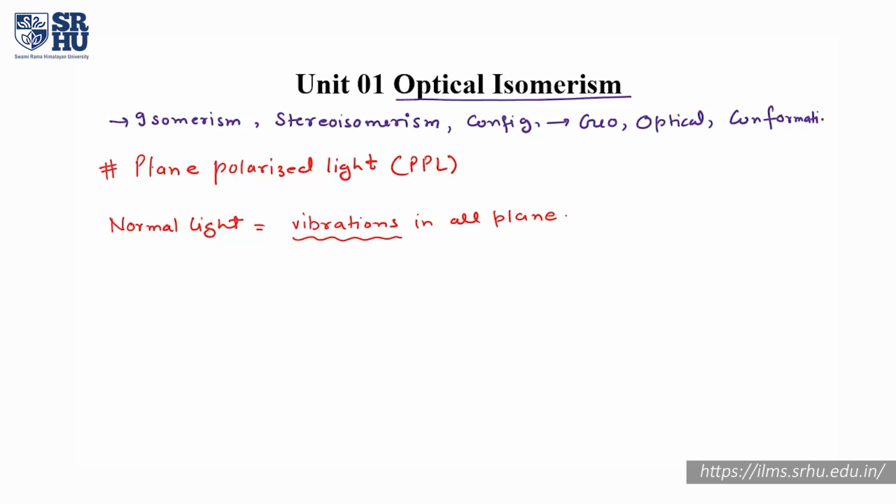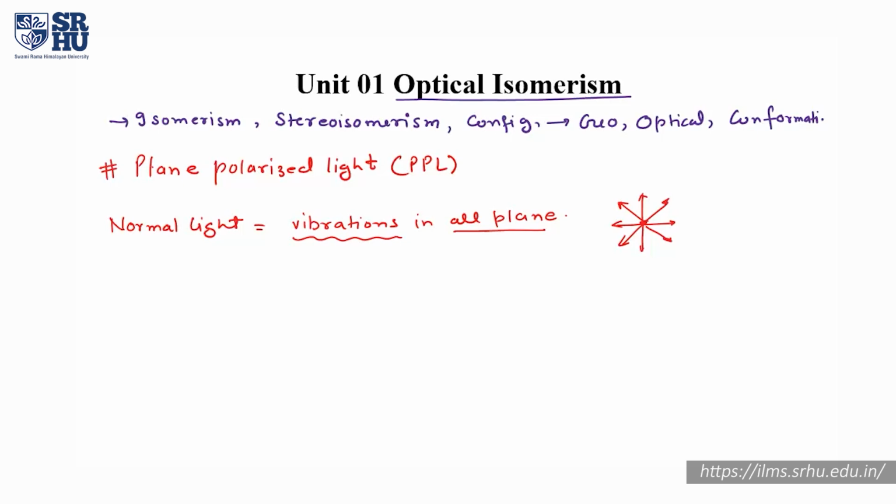These vibrations travel in all planes. We can assume this is the source of light, and it is sending light in all directions, in all planes. So obviously, the vibrations that it has will again lie on all the planes.